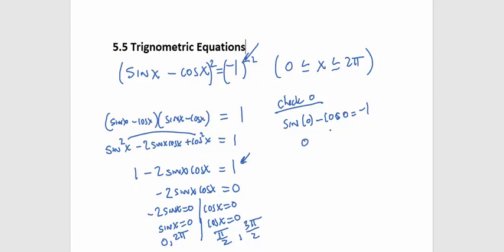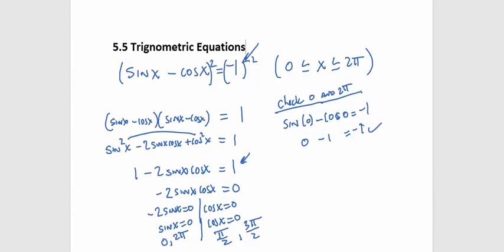Cosine of 0 is 1, so if I had 0 minus 1, so that checks. So that first answer checks. 2 pi, if I check 2 pi, it's going to be in the same location as 0. So I know that works. So this kind of check actually works for both 0 and 2 pi. Since 0 and 2 pi are the same location on the unit circle, it's going to give us the same answer there. So I know those both work.